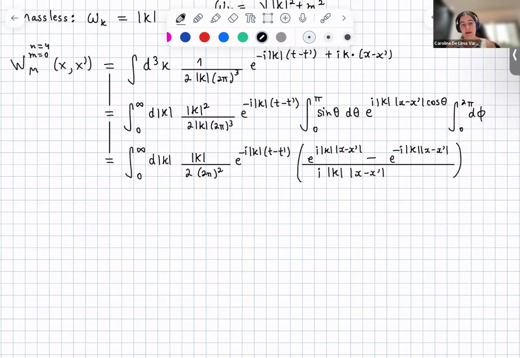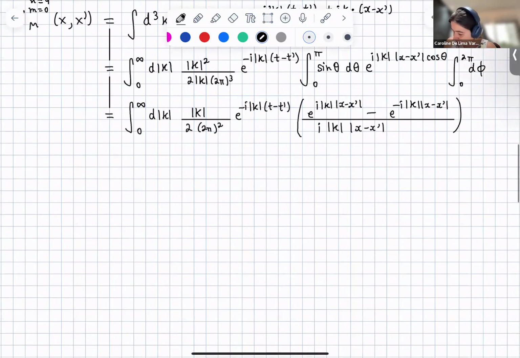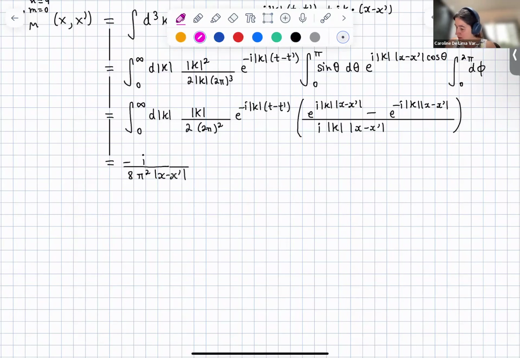Okay. Now I'll just recombine those terms, just re-express the same thing. So I'll pull out this minus i here, and then the 8 pi squared, okay? Then also take out the norm of x minus x prime. And notice that this k cancels with this one, okay?